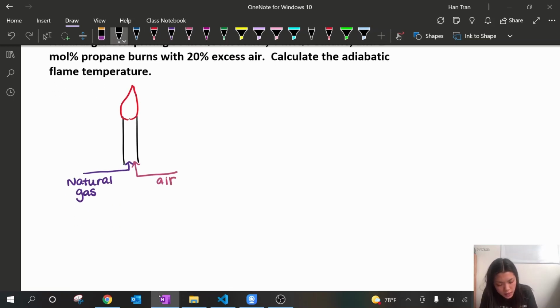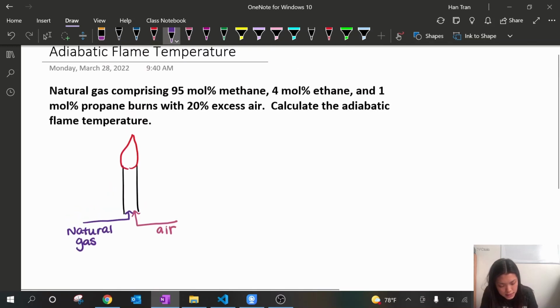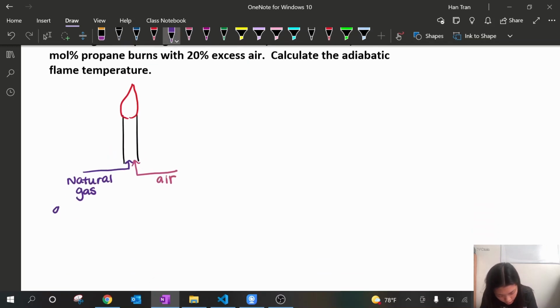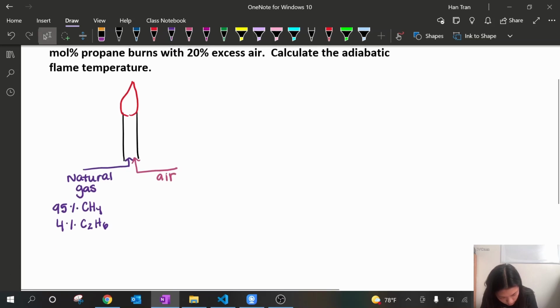We are told that the natural gas is comprised of 95 mole percent methane, 4% ethane, and 1 mole percent propane.